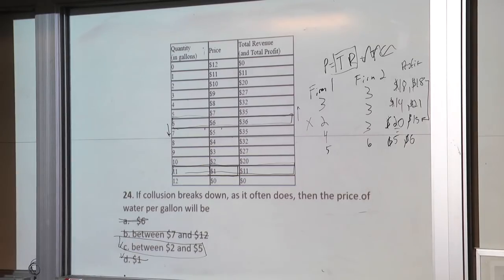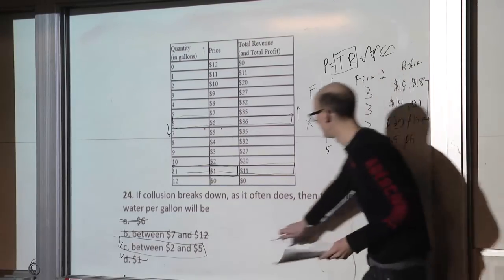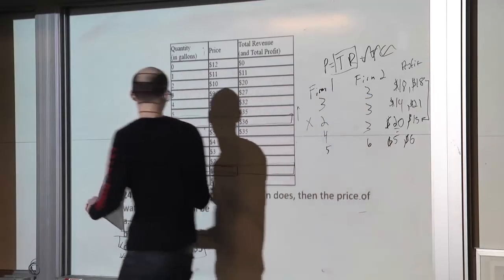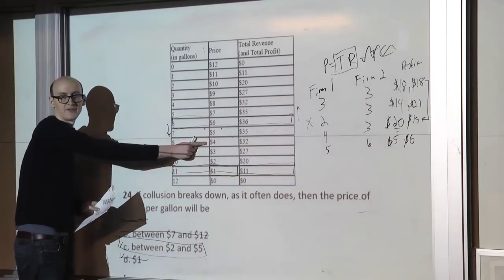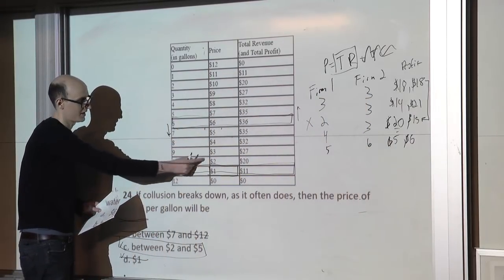Does that make sense? But we don't know for sure how much quantity they're supposed to produce, right? So what do you mean by supposed to produce? Like if it's between 2 and 5, we don't know whether the firm will produce 4 or 5. Right. So we know that the price is $5, $4, $3, $2.